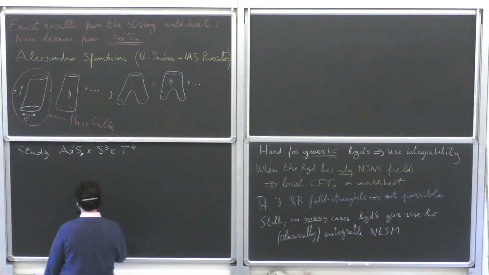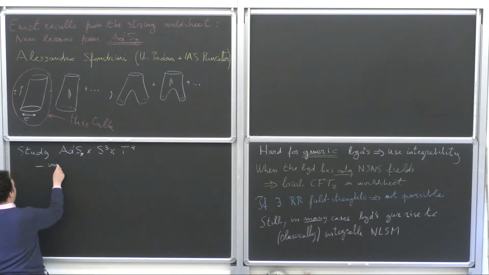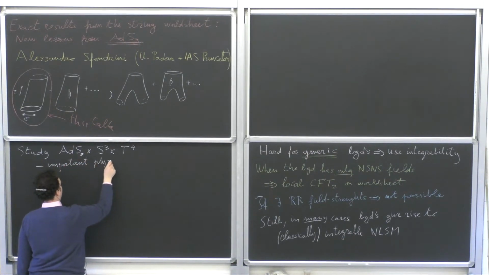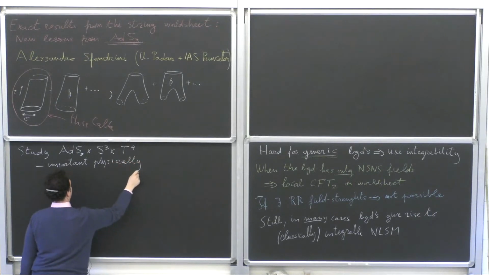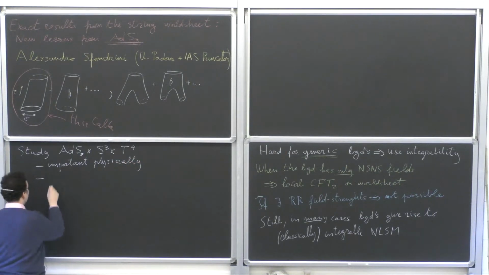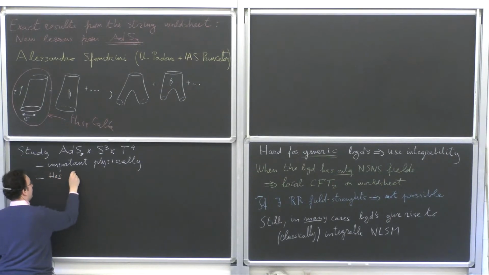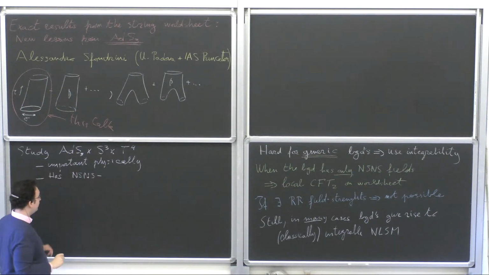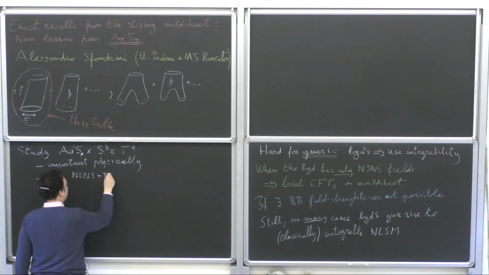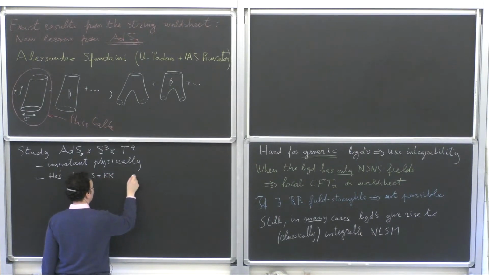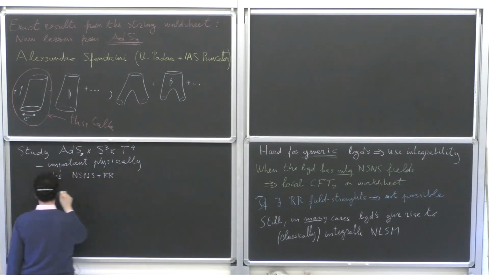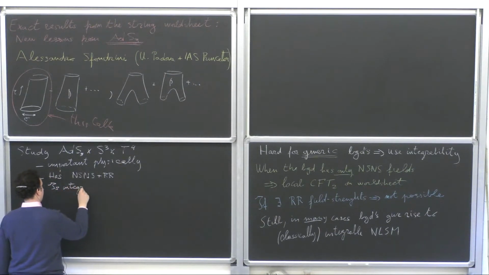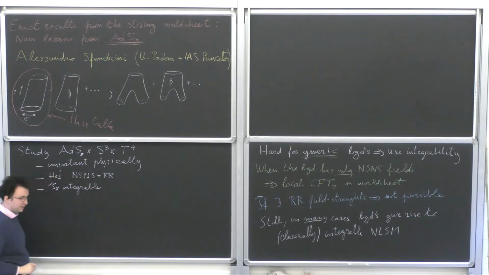And as I said, this background is important physically. It has these NSNS fields, and it can be realized just with NSNS fields, but it also has Ramond-Ramond, and this gives 2 parameters. And of course, it is integrable. Otherwise, I will not be discussing it.